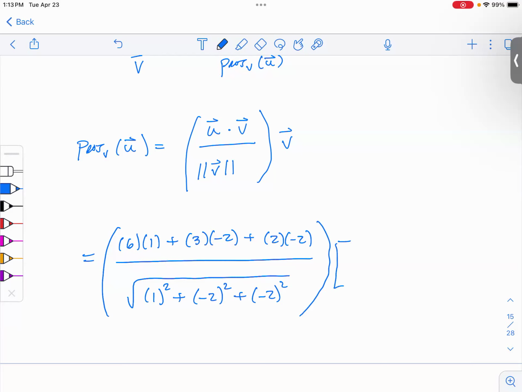And then that whole thing is being multiplied by the vector v. So whatever number this results in, then it multiplies into each component of our vector.